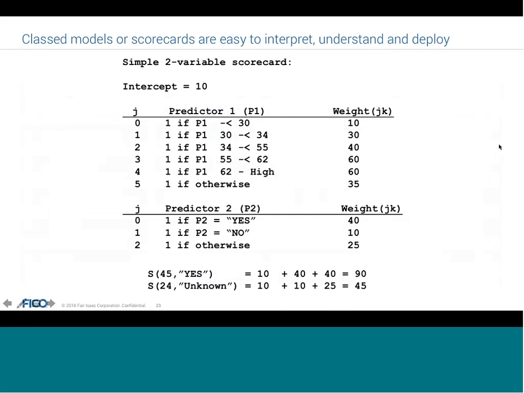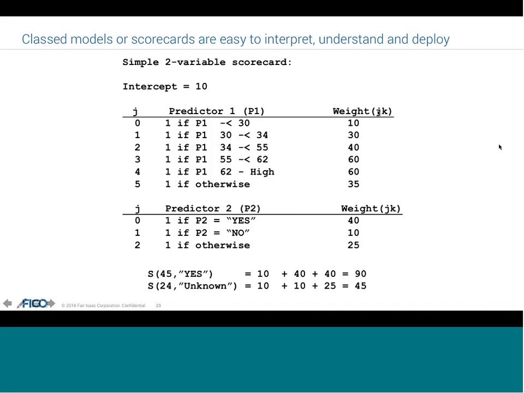I can score out record 45 yes by first grabbing the intercept, 10 points, then finding 45, awarding the 40 points for predictor 1, and finding my yes value and awarding the remaining 40 points for predictor 2. In contrast, my scoring of record 24 unknown also receives the 10-point intercept, 10 points only for being in bin level 0, and 25 points for being in bin level 2 down in predictor 2.